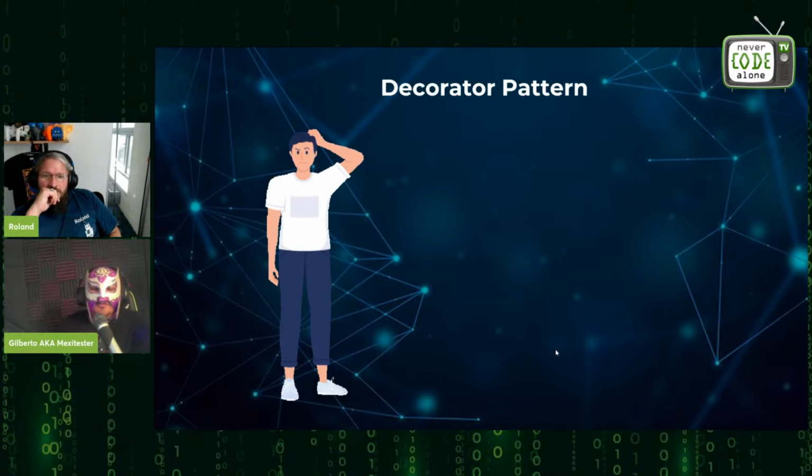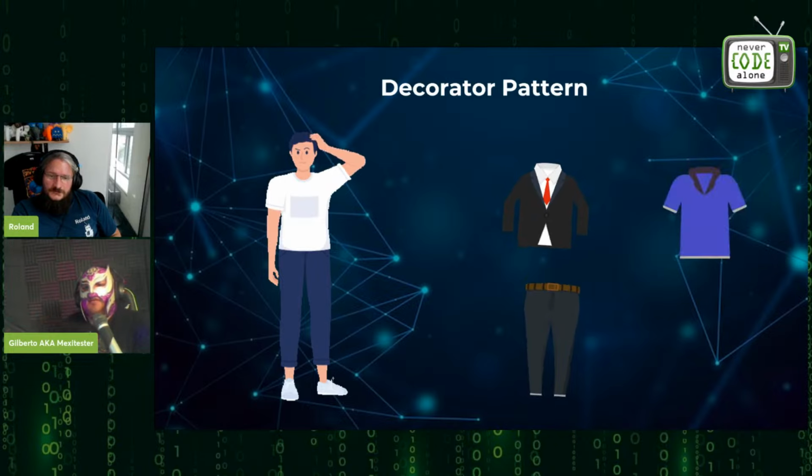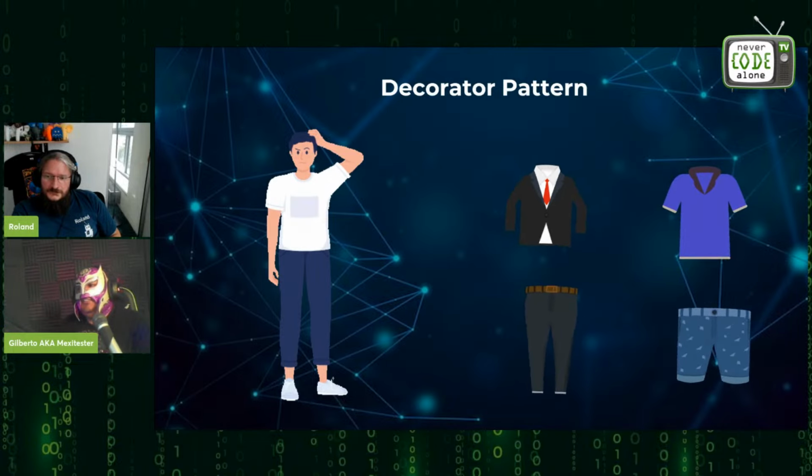We have a normal human, and we can give this human clothes. We can dress them with formal clothes, we can put on different clothes, or we can use a normal dress code or something casual. So this is the character.